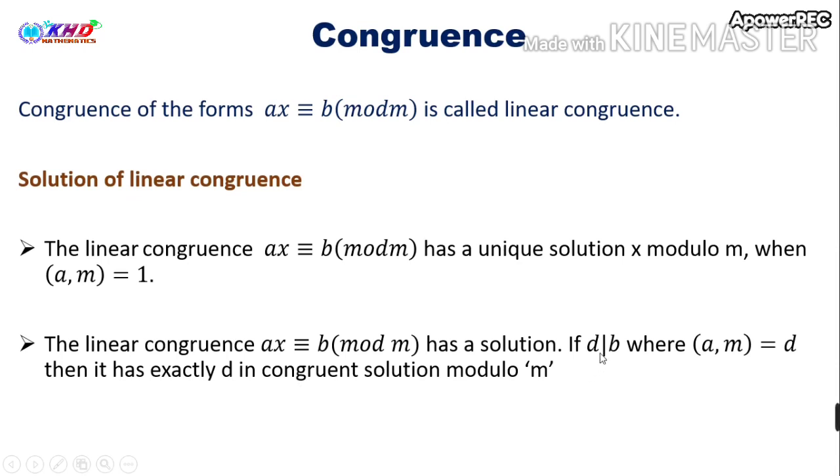So if d does not divide b, then we say a linear congruence ax congruent to b mod m has no solution. So this is the condition to say whether our congruence has a solution or not. Now come to the problems.